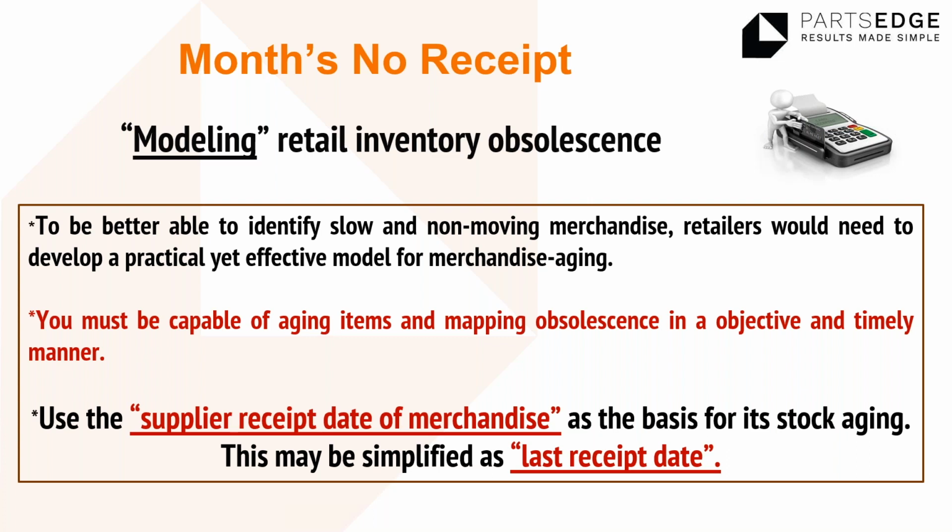You must be capable of aging items and mapping obsolescence in an objective and timely manner. Here, this expert said, use the supplier receipt date of merchandise. That's the basis for stock aging, AKA last receipt date for what we do at the dealership level.